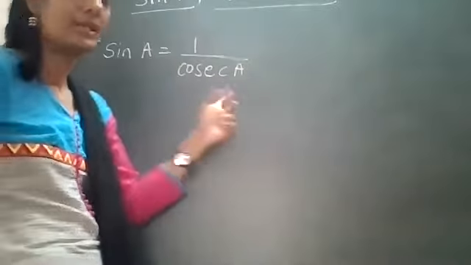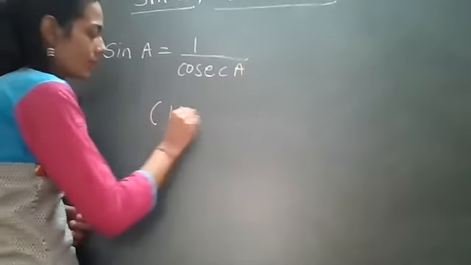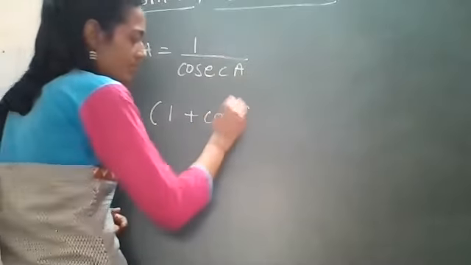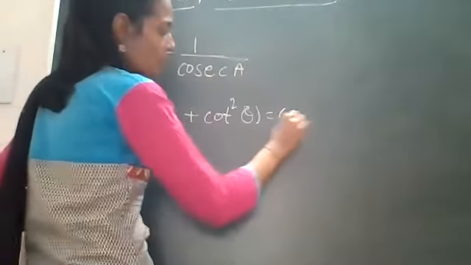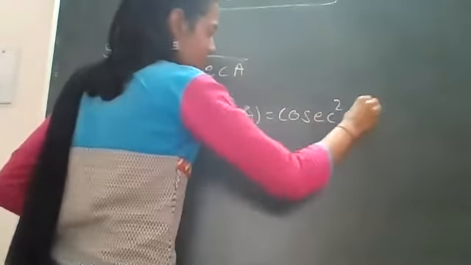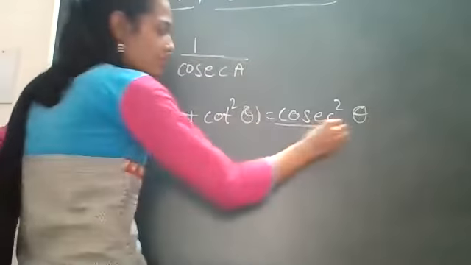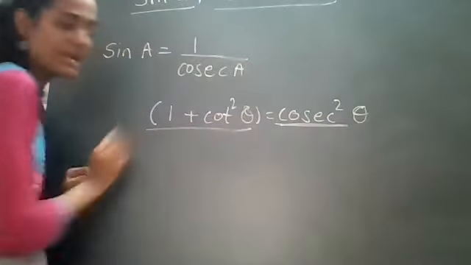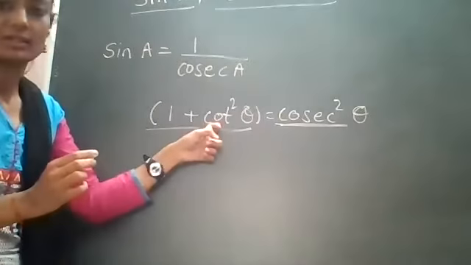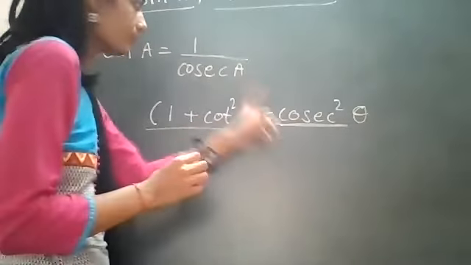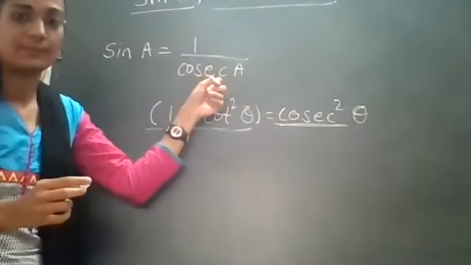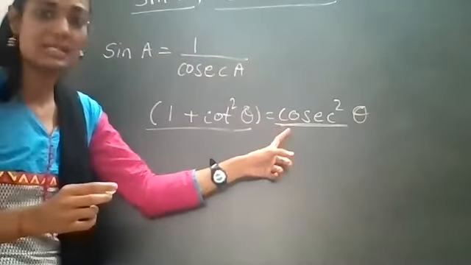So this we have studied: 1 plus cot square theta is equal to cosec square theta. Right? So if we have to replace cosec square, we can use this identity. Here we have cosec square theta.